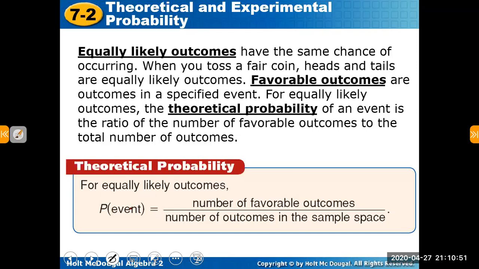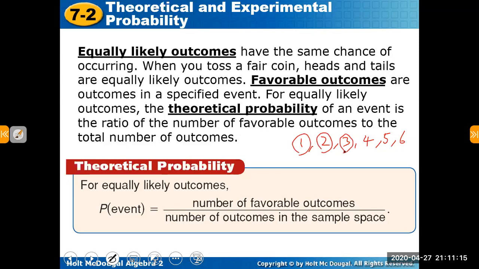Then what are equally likely outcomes? Equally likely outcomes means they have the same chance of occurring. For example, if we take a number cube, we have the numbers 1, 2, 3, 4, 5, 6. And all these numbers appear only one time on the cube.